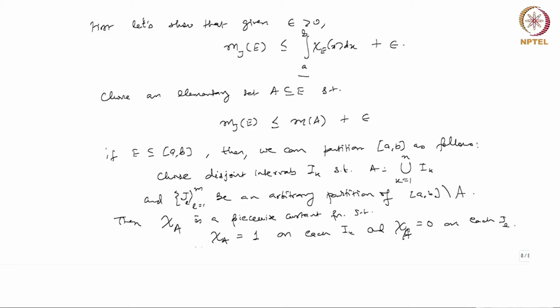So this is straightforward from the definition of the indicator function, because if a point x belongs to one of these ik's, then it belongs to A and we will have the value 1, and if it is outside A, then we will have the value 0. So this is still a piecewise constant function, and chi of A is less than or equal to chi of E. We have a pointwise inequality of functions.